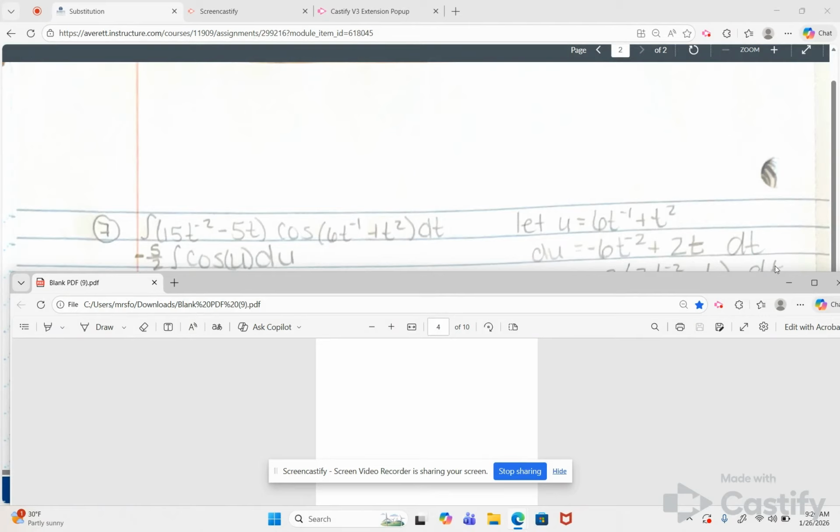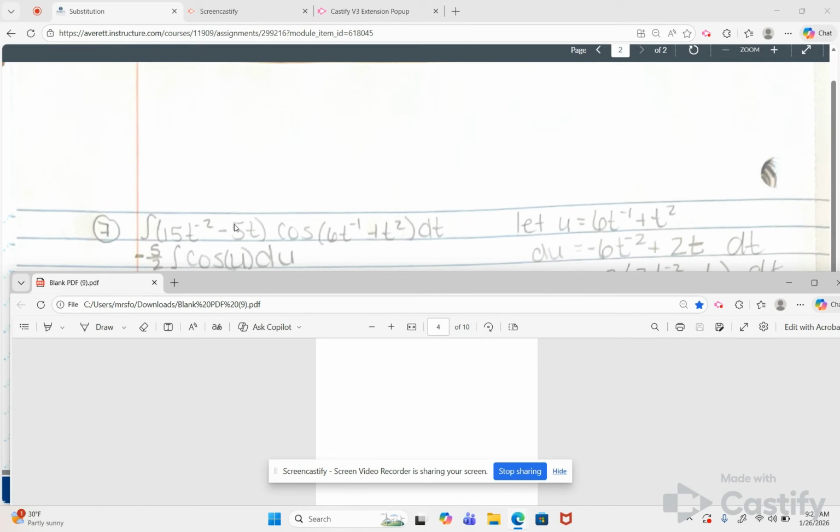So now, when I look at this, I'm like, whoa, that's not what we have. However, you can kind of already see what I pulled out. But you look at it and you have to ask yourself, well, how can I get this negative 6 to be a 15? How can I get this 2 to be a negative 5?